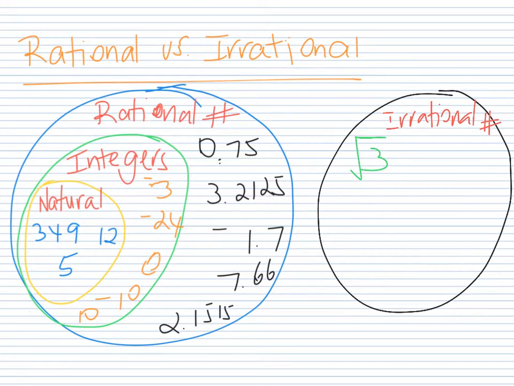So for example, we might have square root of 3, negative 3 square root of 24, negative 2 square root of 5, we could have pi, and so forth. So they are the differences between our rational and irrational.